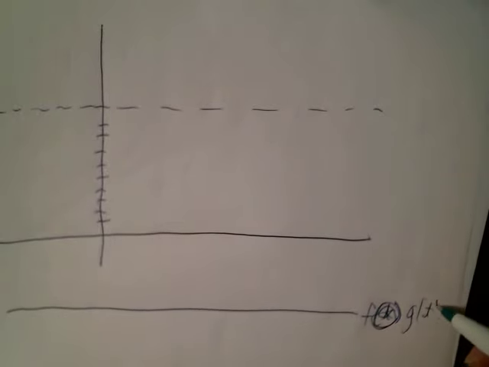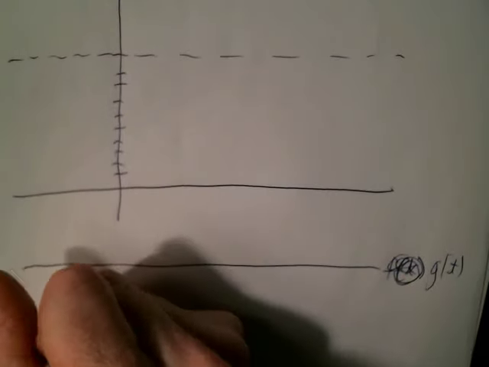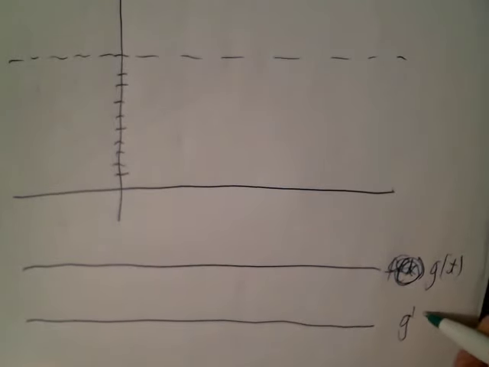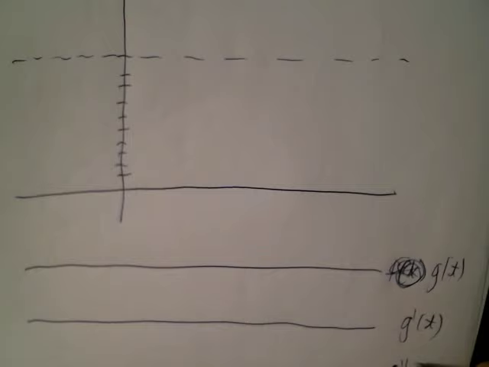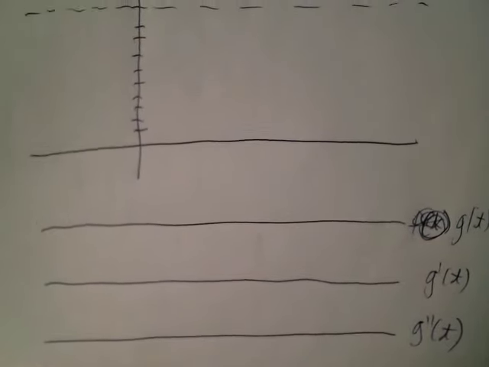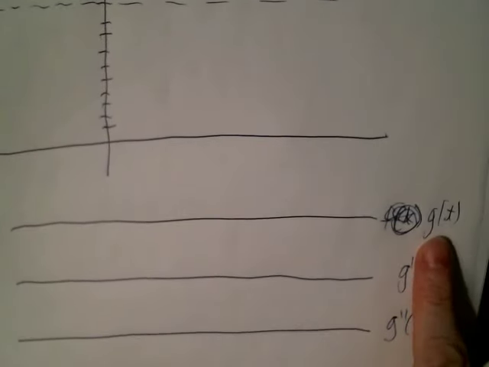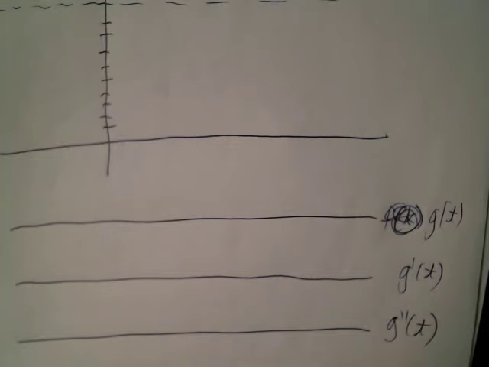So for g of t, I need a number line for g prime of t, and then another one for g double prime of t. Okay, g of t is equal to its x-intercept. Well, there wasn't one, right? There's also no vertical asymptote, so we don't plot anything.